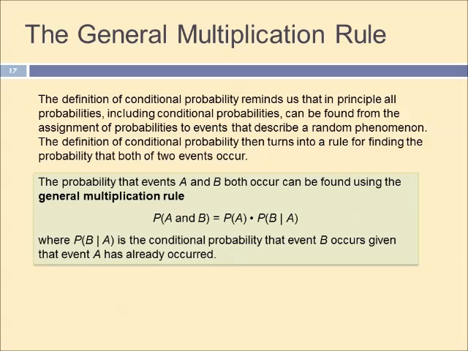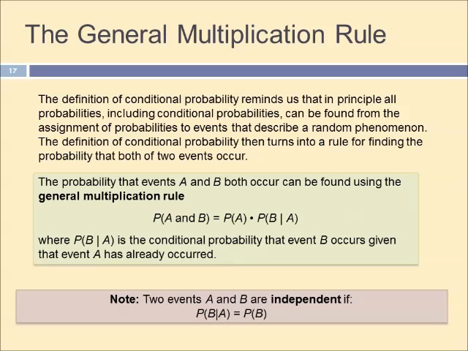So here again, we'll restate the general multiplication rule. Probability of A and B occurring together is the probability of A times the probability of B given A, where the probability of B given A is the conditional probability that event B occurs given that event A has already occurred.